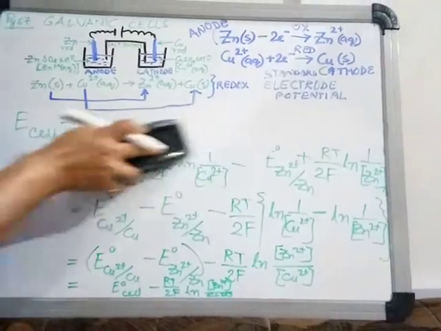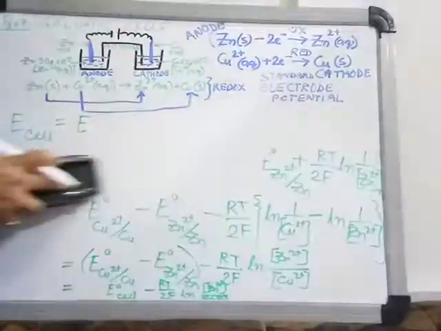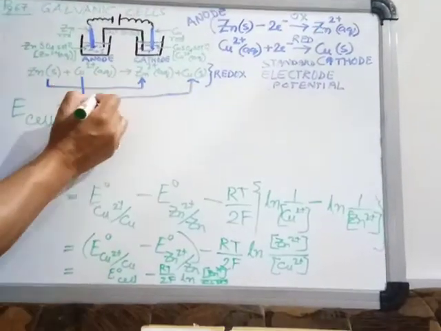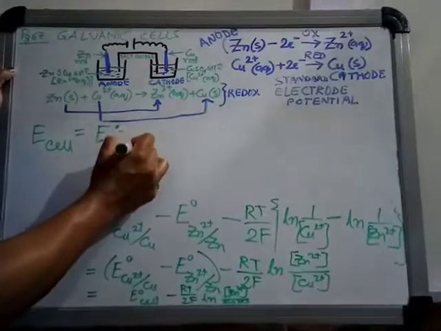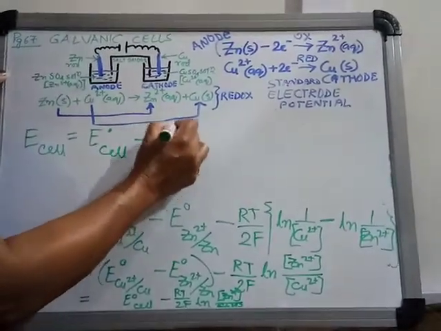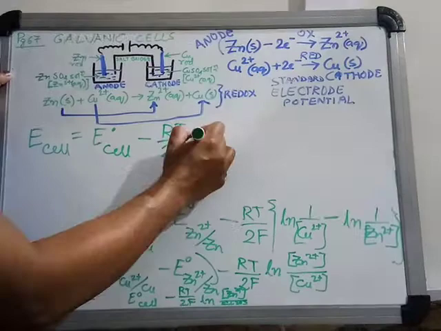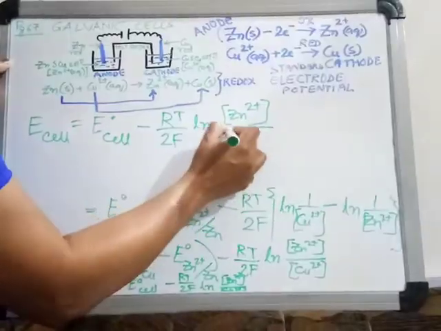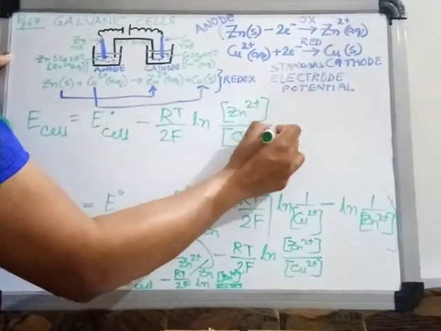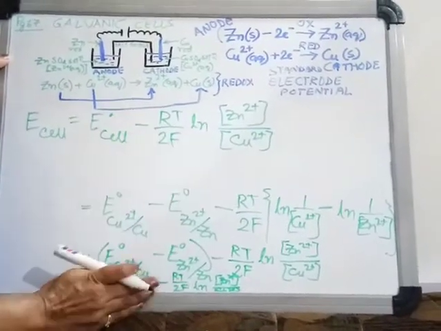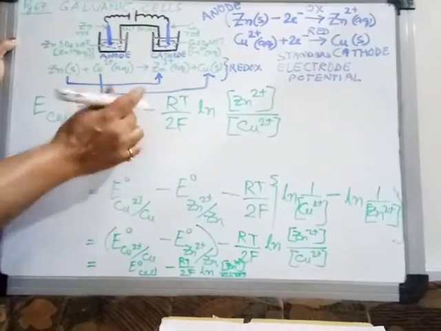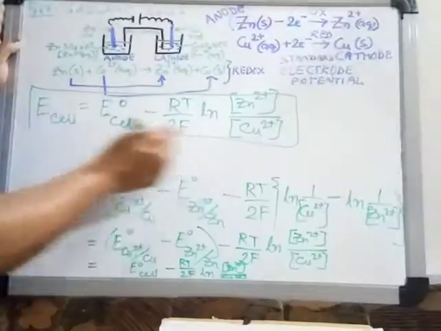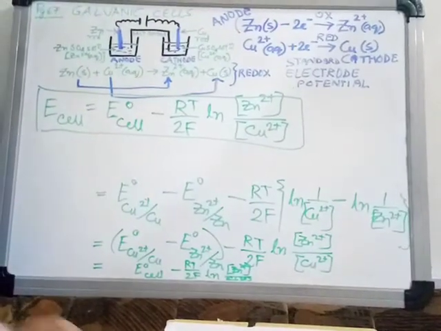Let me write it on top out here to be more clear: E0 cell minus RT by 2F ln of Zn2+ divided by Cu2+. That is what I have written down there. Again I am writing because it may not be clear here. So you can see this is the Nernst equation for the Daniell cell.